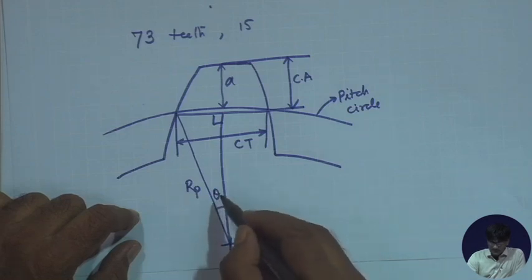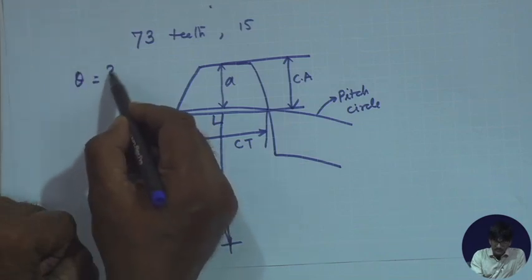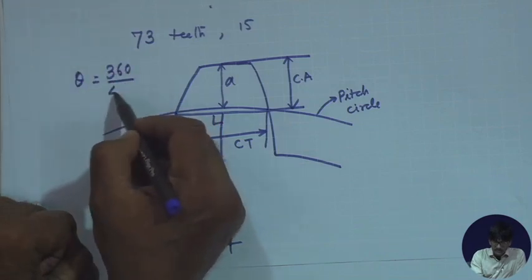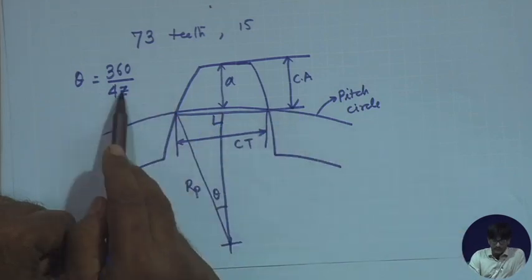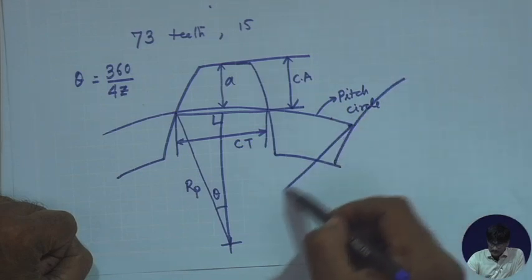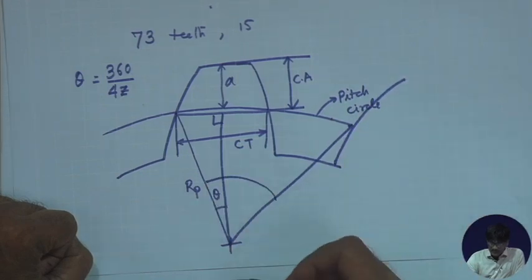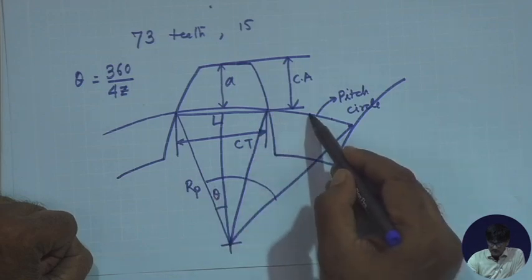Theta is equal to, as we have worked out previously, 360 divided by 4z. 360 is the whole. If you divide it by z, you get up till this point. You divide it into 4 parts, 1, 2, 3 and 4.